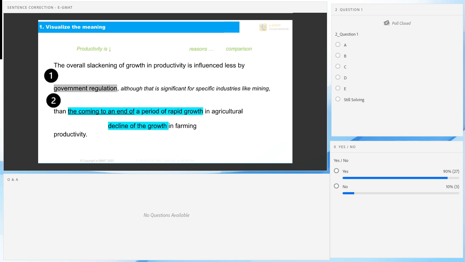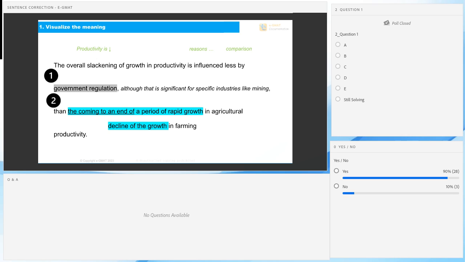Now you already know that there is this comparison. So here is the second factor that the author is talking about, the second reason, which is the bigger reason, right? Then the coming to an end of a period of rapid growth in agricultural productivity. So see, I'm reading this part, but I'm reading it more slowly, so that I can extract the juice from it. Coming to an end is a little weird expression. I think that means a decline of what?